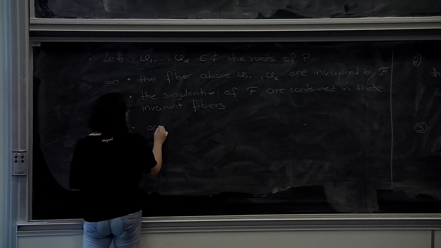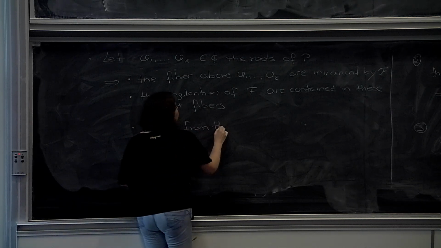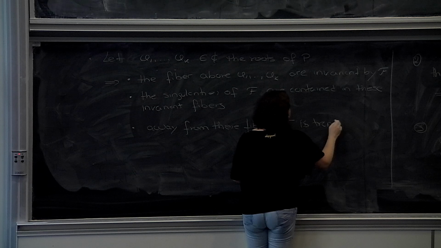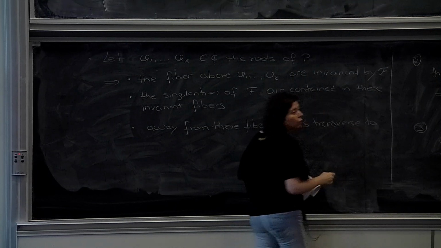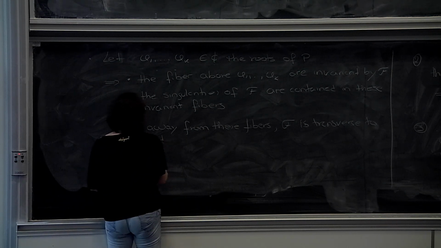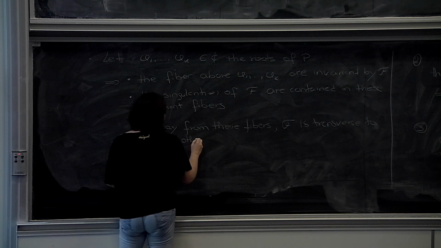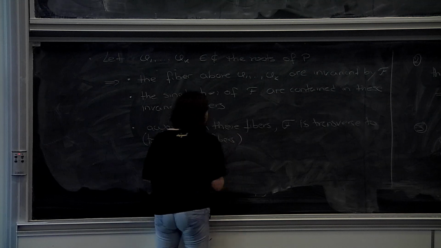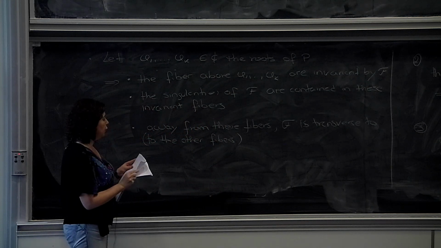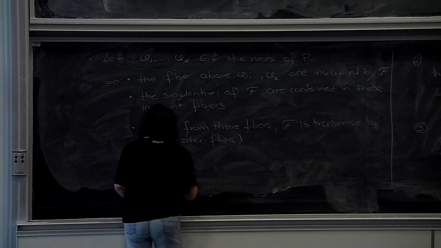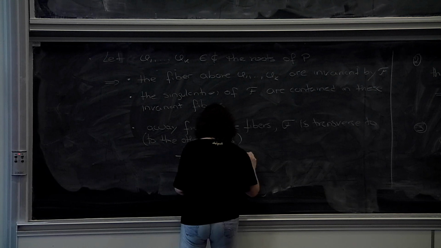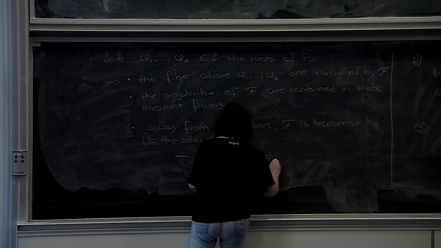Okay, and away from these fibers, F is transverse to the other fibers, okay? So, in fact, we can get a regular foliation transverse to the fibers of a fibration if from C2 we take off the union of these invariant fibers.